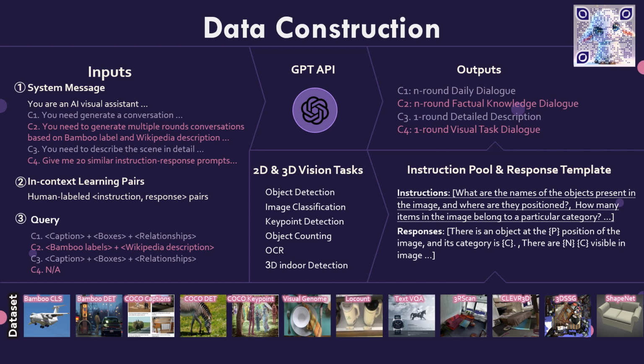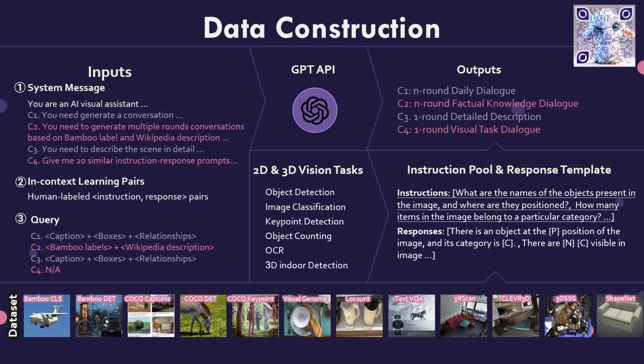Here is an overview of our dataset, demonstrating the process of constructing our dataset using the GPT API. By designing different system messages, in-context learning pairs, and queries, we create the dataset that covers almost all high-level vision tasks for both 2D and 3D vision.